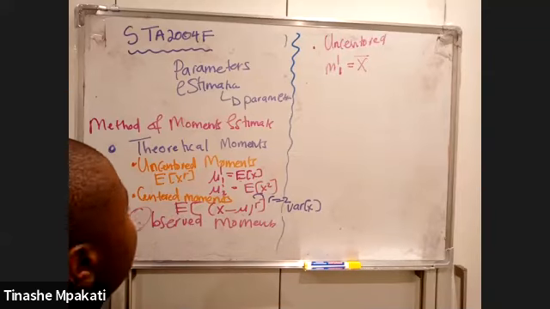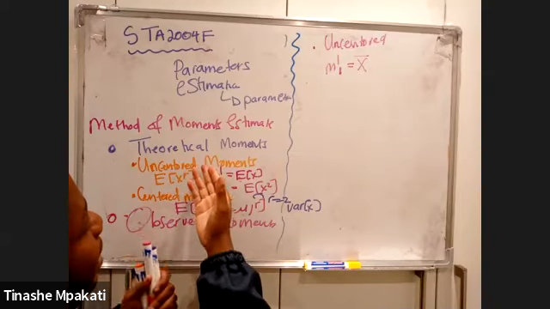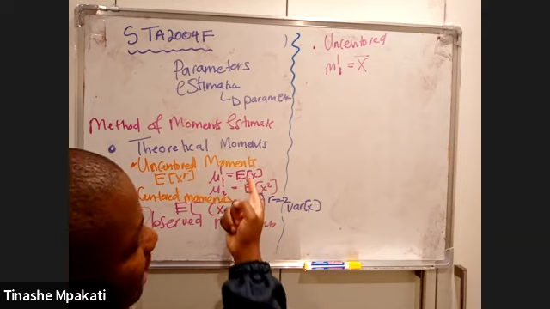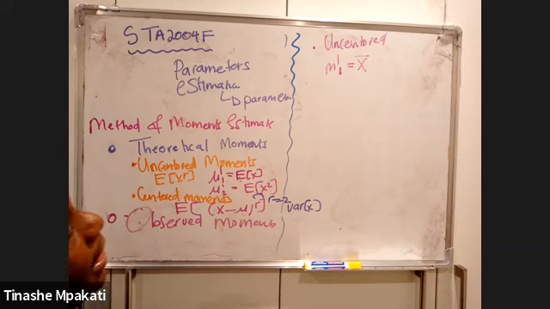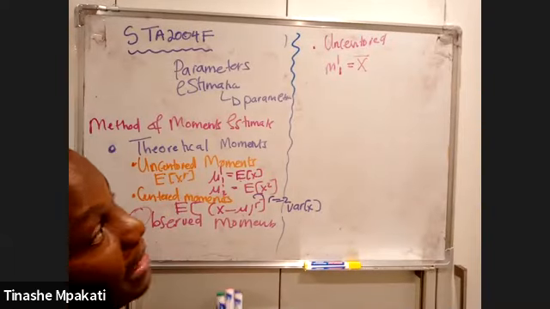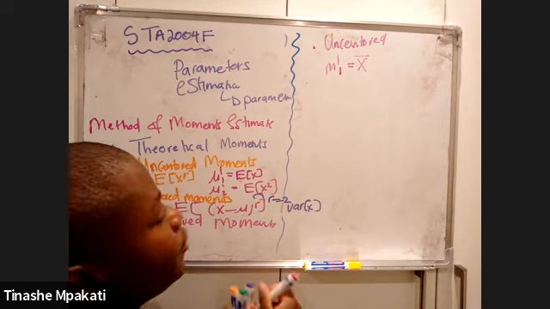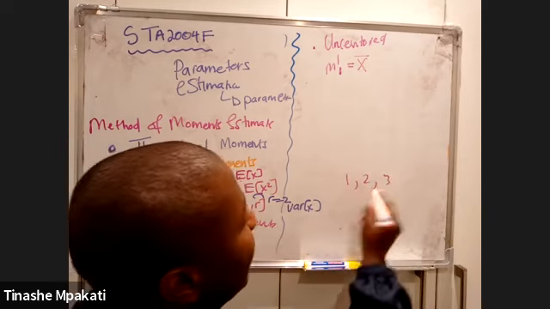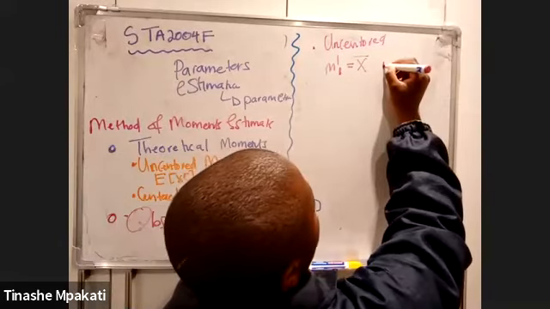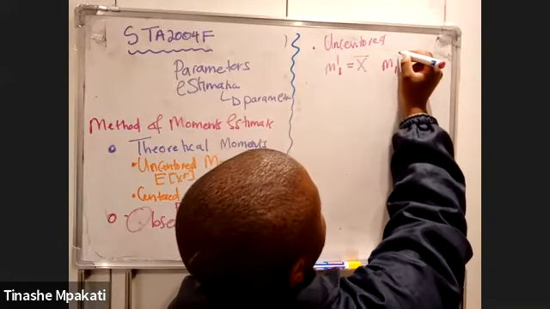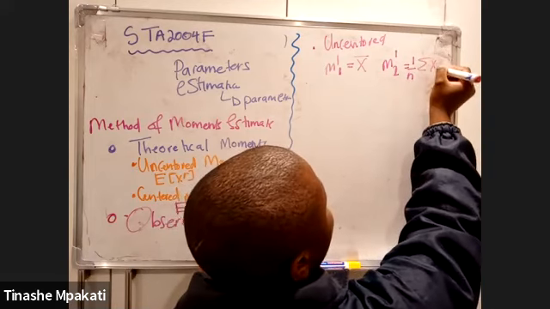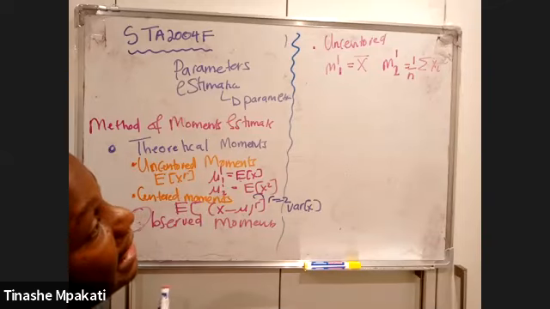So this term of being observed and theoretical comes from the fact that this expectation here is the type where you calculate using your integrals and your summations, whereas the observed ones involve you being given some data, say 1, 2, and 3, and you actually add them up together and you divide by 3. That's what your X bar is there. And your second is just 1 over n, the summation of xi squared, like that. That's your second unstandard moment.